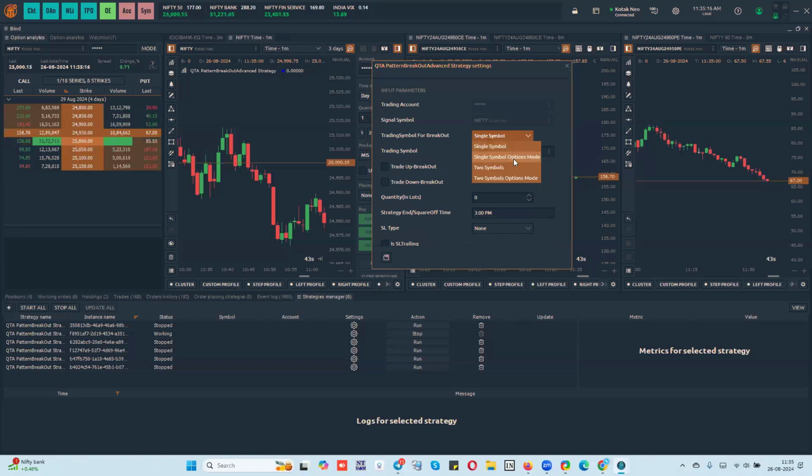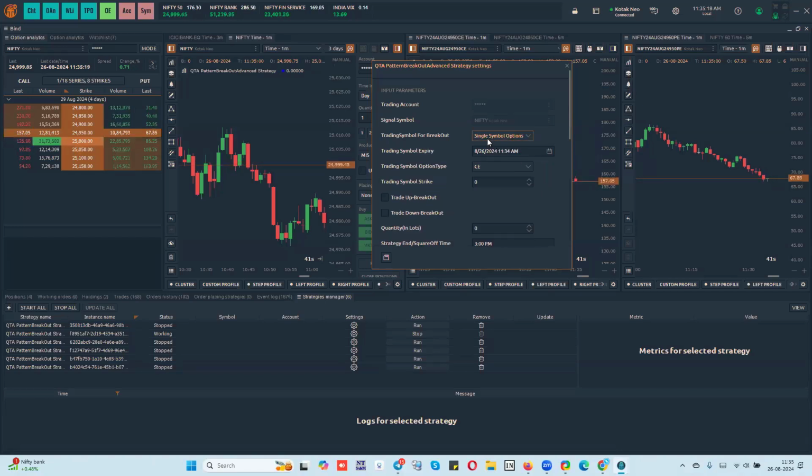Single symbol with the option mode. Again, you can use the Nifty spot or the index or any cash market symbol to trade options, with automatic selection of the strike prices, as well as whether you want to trade the call option or put option. This is the second option.